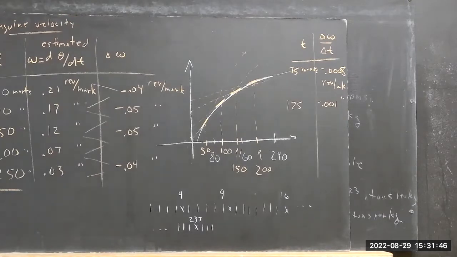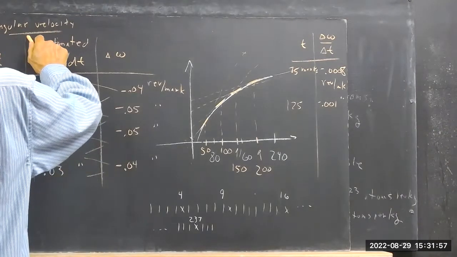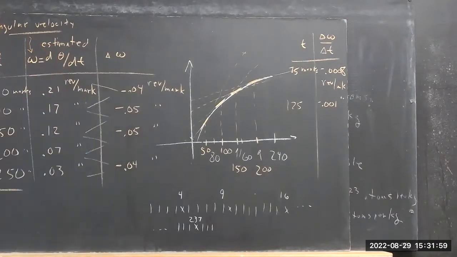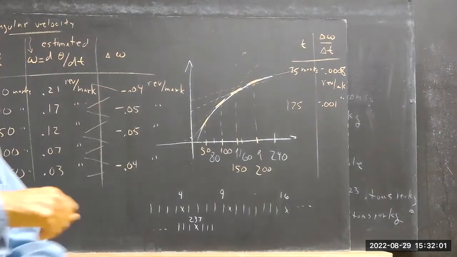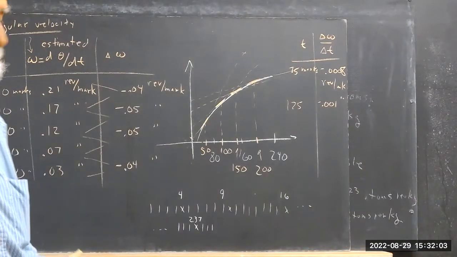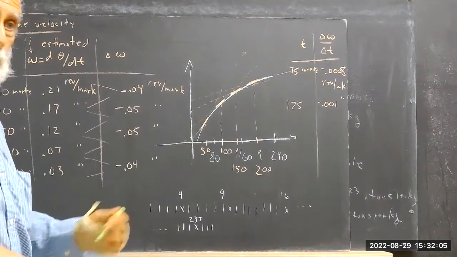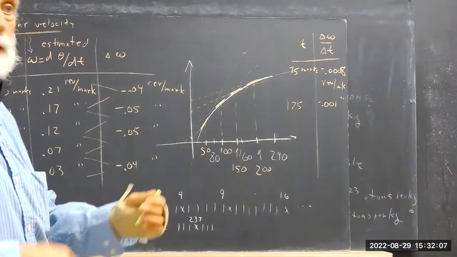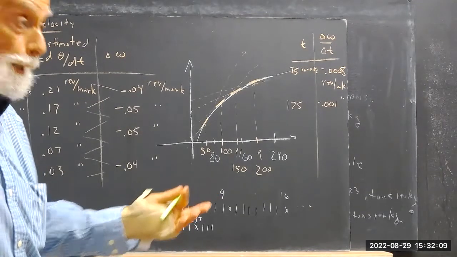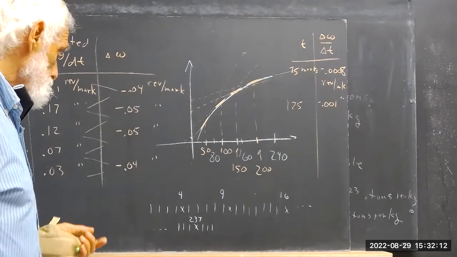Angular velocity. That's a symbol we use for angular velocity. It's how fast it's going through an angle. The angle could be measured in revolutions, it could be measured in degrees, it could be measured in radians, grads, if you know what that is.